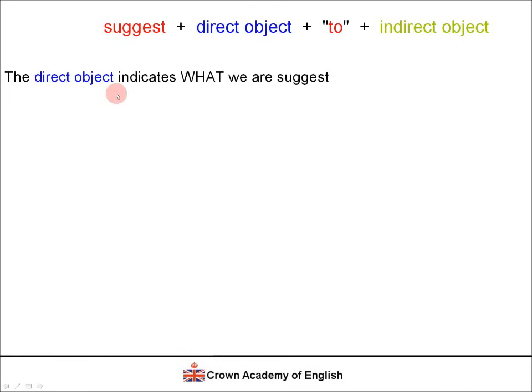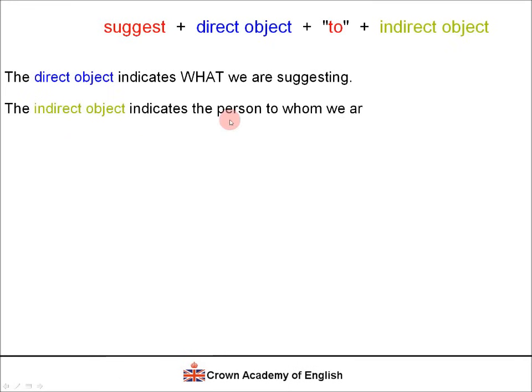So the direct object indicates what we are suggesting, and the indirect object indicates the person to whom we are suggesting something. And we put the word to before it. And this order is very important. We cannot change this order. We cannot put the indirect object here.